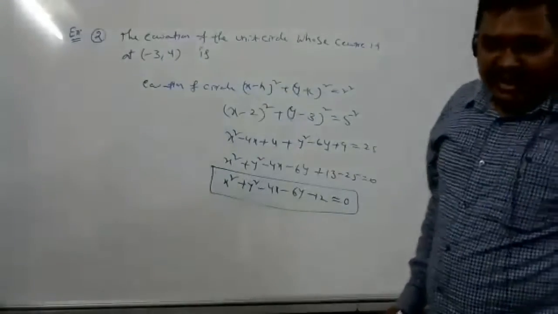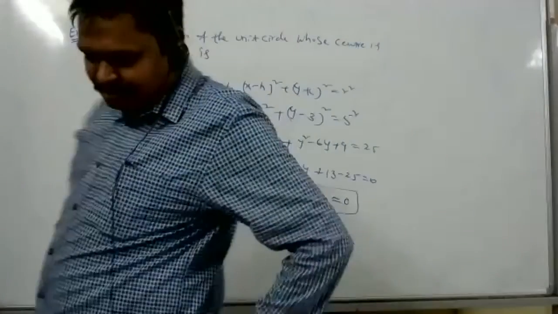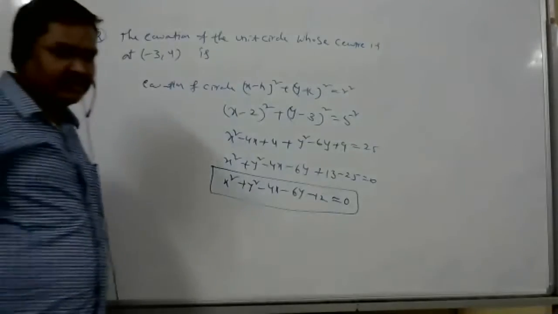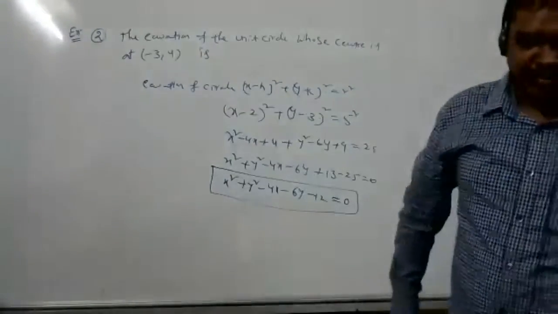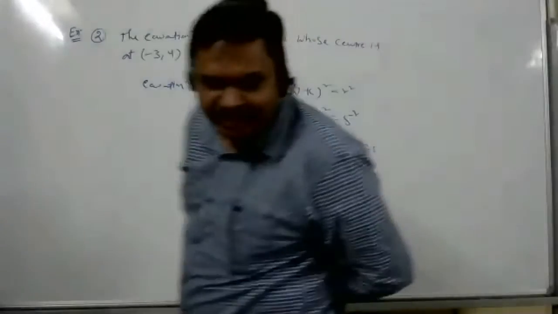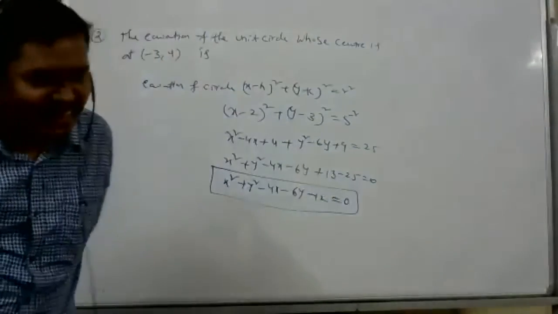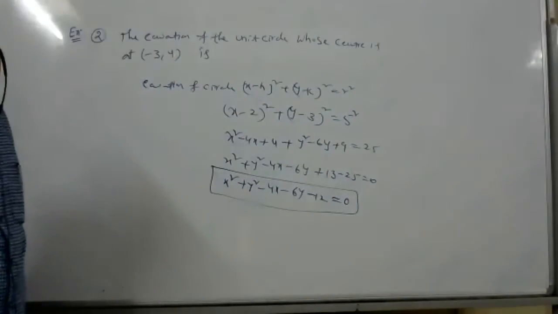Equation of unit circle, what is that? Unit circle? Radius is 1. Yes, correct. Radius is 1 unit.